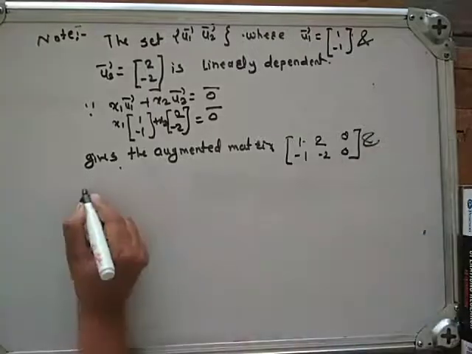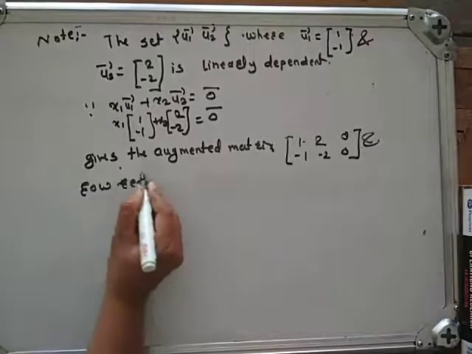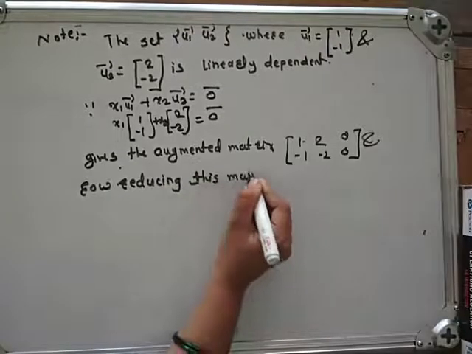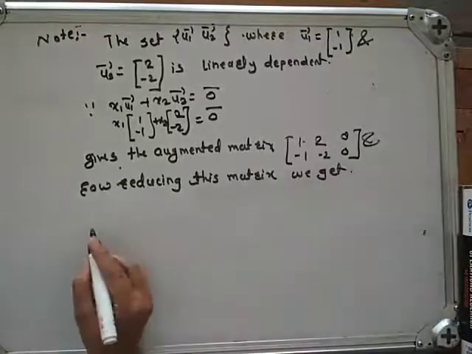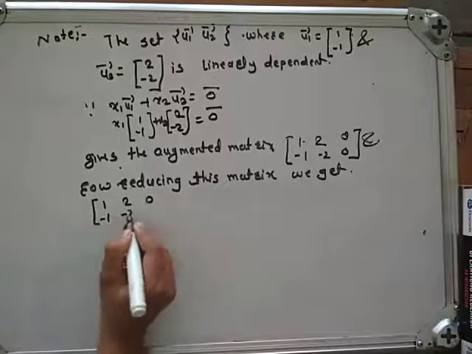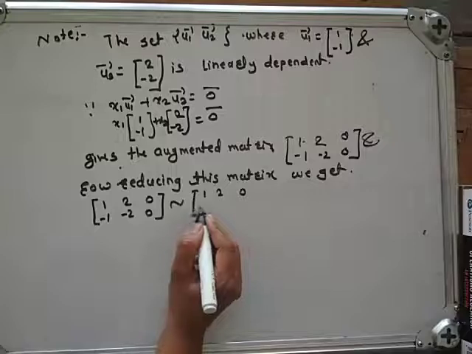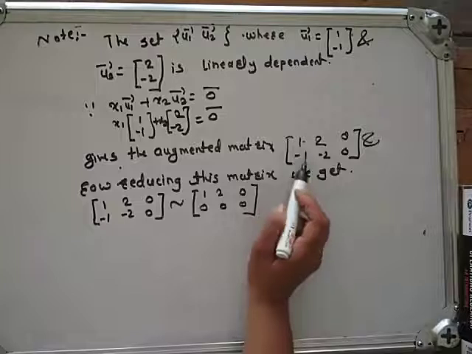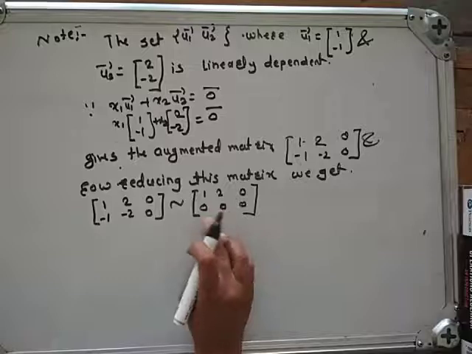And row reducing this matrix, we get 1 2 0, minus 1 minus 2 0, which is equivalent to 1 2 0, 0 0 0. Here you have to perform the row operation R2 plus R1. Then you will get this matrix.